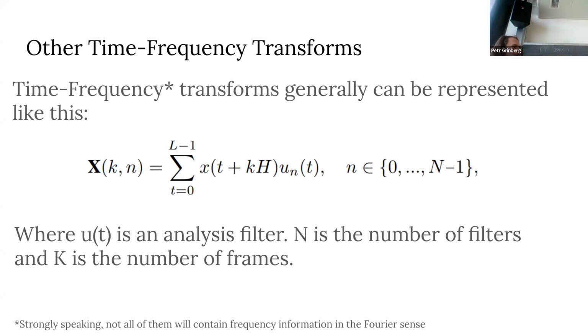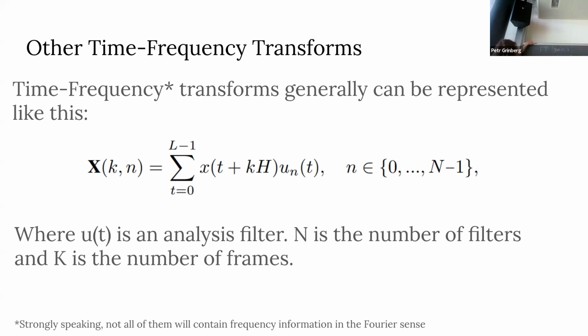So these are just weights. Yeah, but because the output will look like this matrix, where on the x-axis you will have time, and on the y-axis you will have something created by an equation similar to the original STFT, we still call it frequency, but it has nothing to do with frequency transform, the Fourier transform.